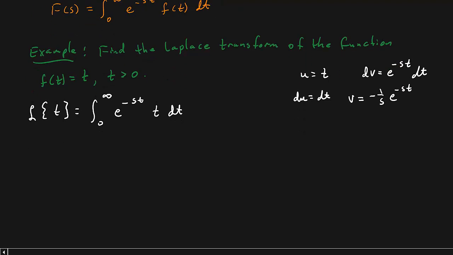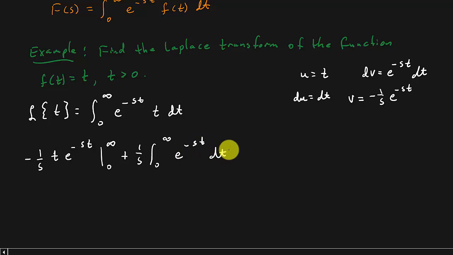All right, so when we integrate this, this is going to give us negative 1 over s times t e to the negative st. Okay, remember it's this times this, it's u times v, and that's going from 0 to infinity minus, okay, so now we got minus, and this negative 1 over s, we're going to pull it outside the integral, so the negative and the negative make a positive, 1 over s, 0 to infinity, e to the negative st dt.